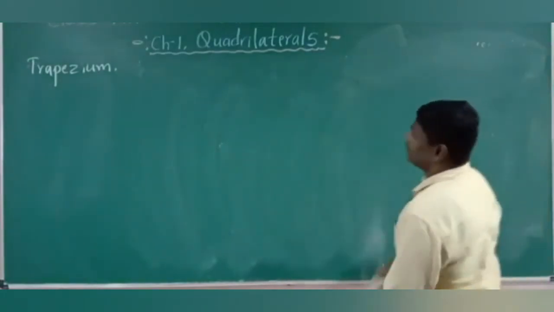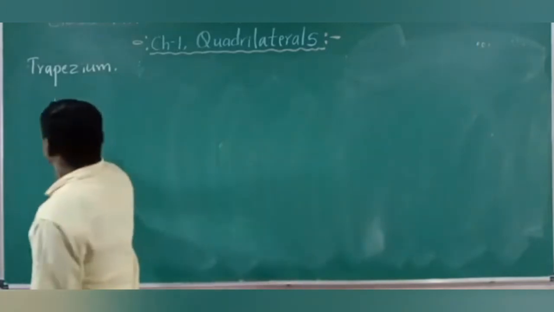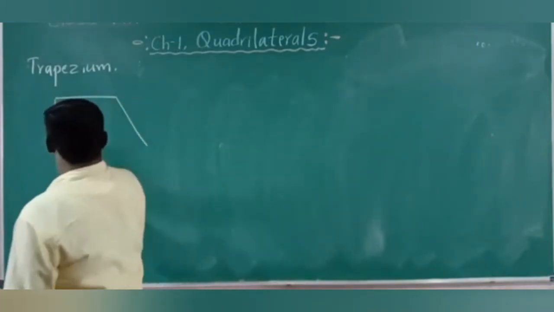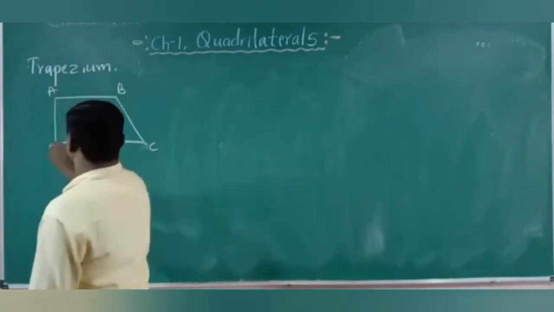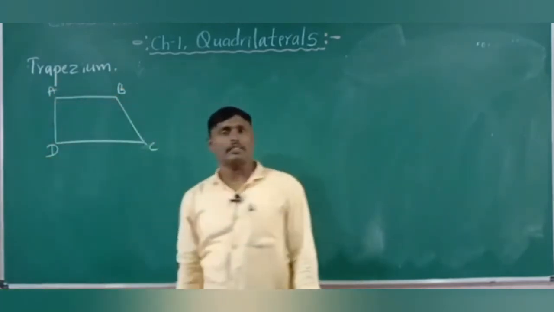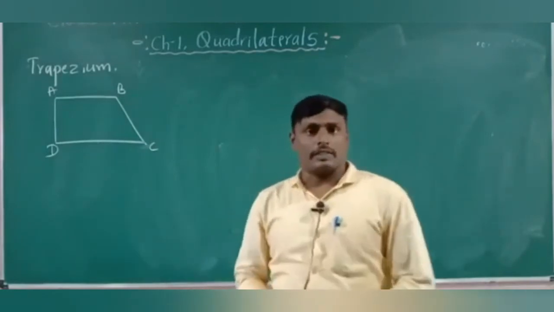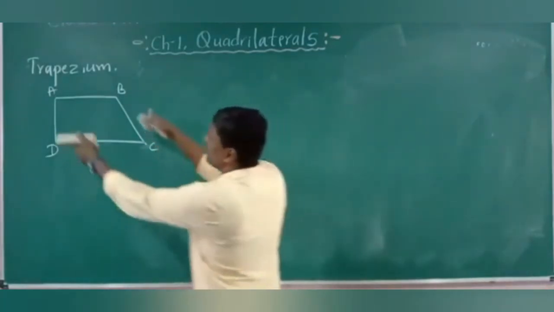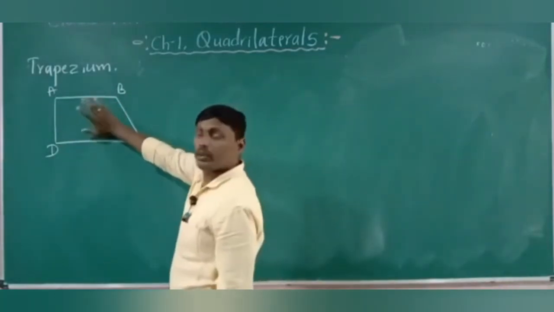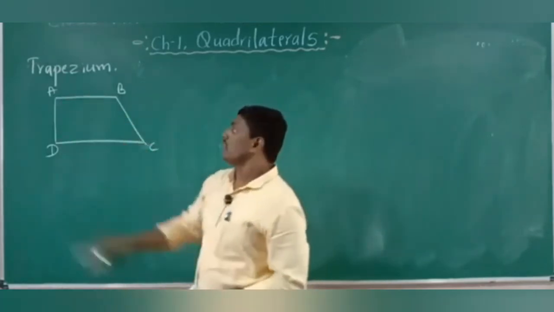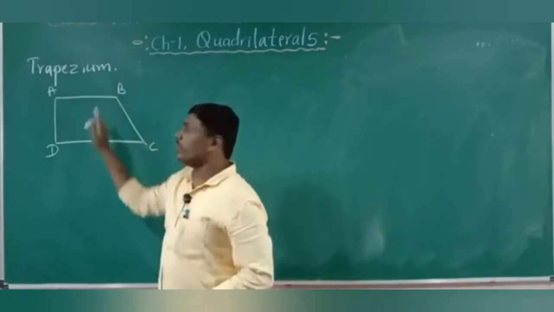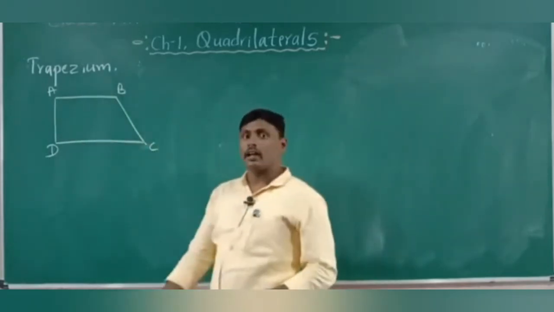Okay. So the next quadrilateral is trapezium. Here ABCD is a trapezium. You can easily identify it in the given figure. What are the two sides which are exactly parallel to each other? Here the side AB is parallel to CD.